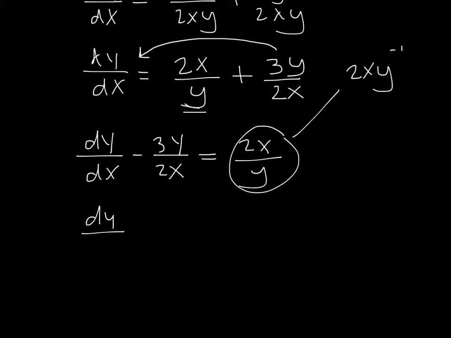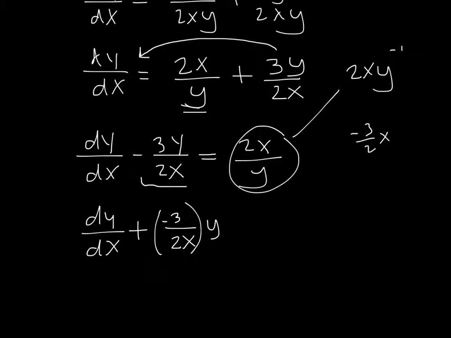Okay, so dy/dx, and remember, in the Bernoulli equation we have a p of x times y, so I can rewrite this guy as plus negative 3 over 2x times y. Make sure your x is in the denominator, not in the numerator. Some students might write negative 3/2 x y really quick.